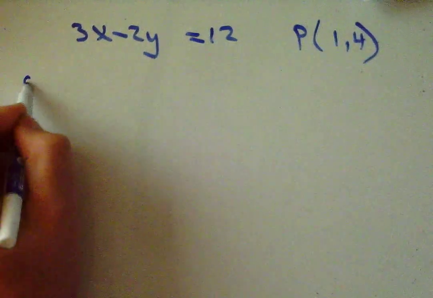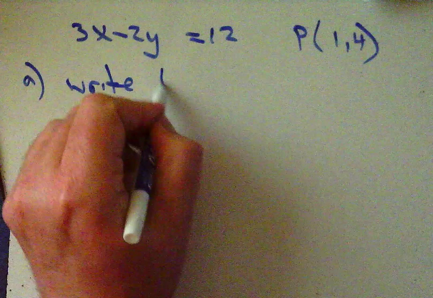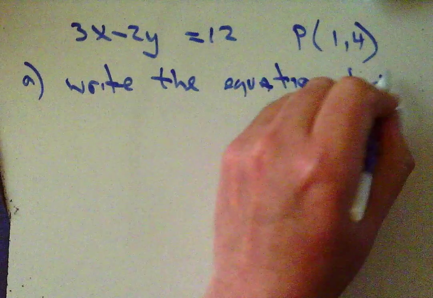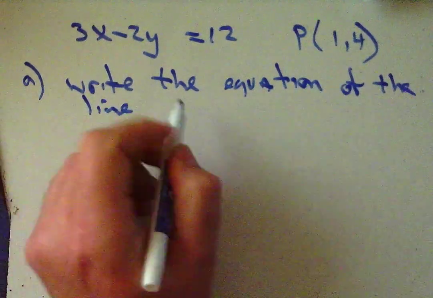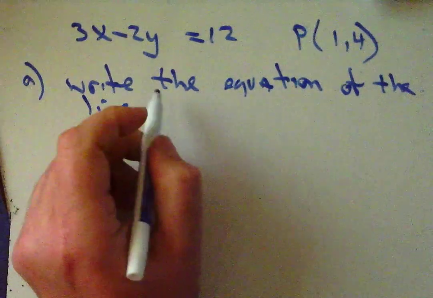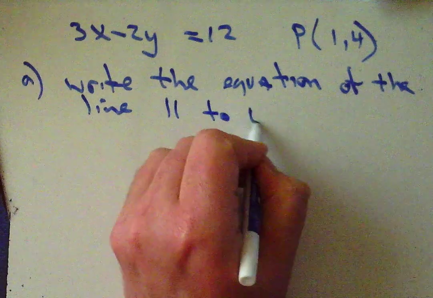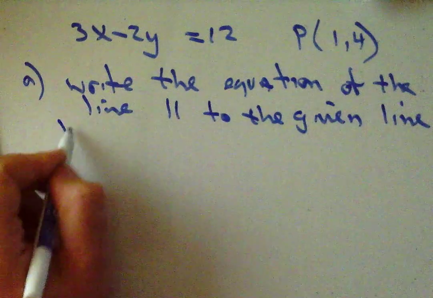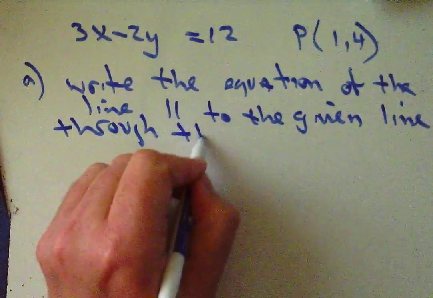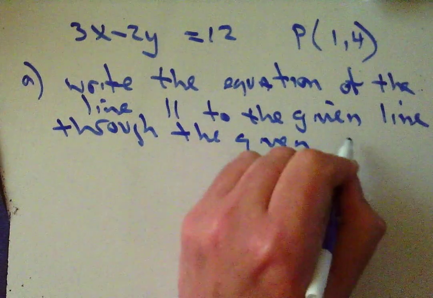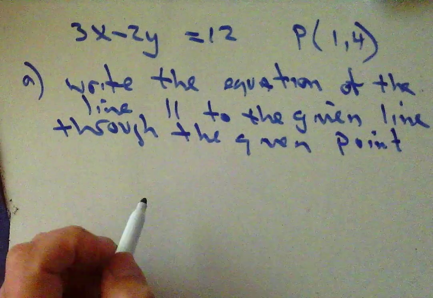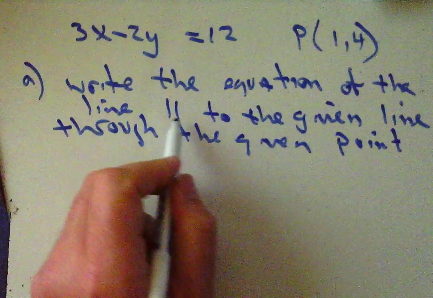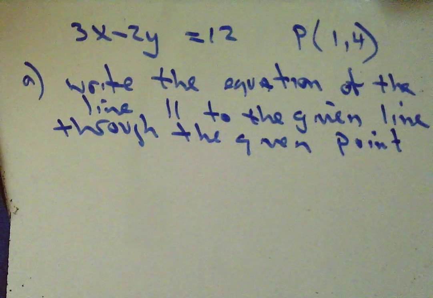And we're asked to, A, write the equation of the line parallel to the given line through the given point. And then B, we're going to be asked to do the same thing, except instead of the line parallel, we'll be doing the line perpendicular. So let's see what this means.